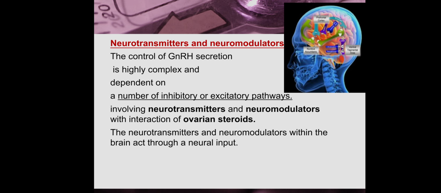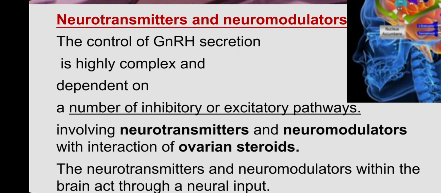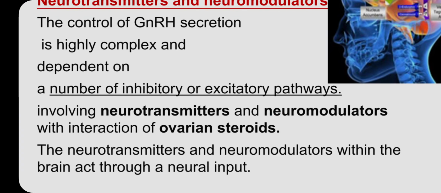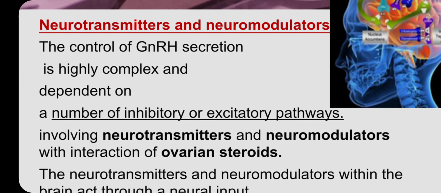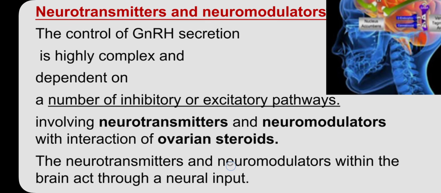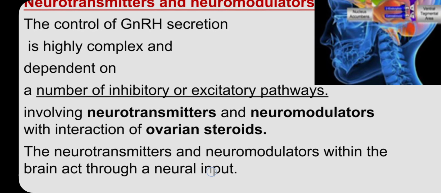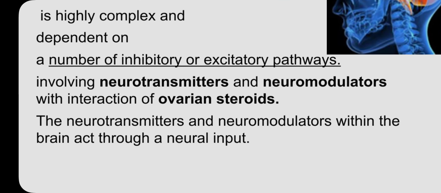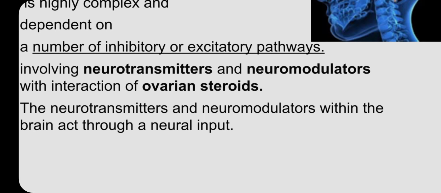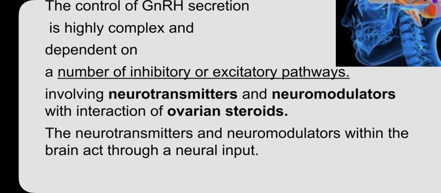So let's see one by one. Coming to the neurotransmitters and the neuromodulators, the control of the GnRH secretion is highly complex and dependent on a number of inhibitory or excitatory pathways involving the neurotransmitters and neuromodulators, with the interactions of the ovarian steroids.